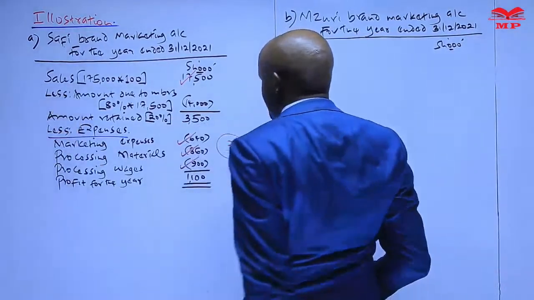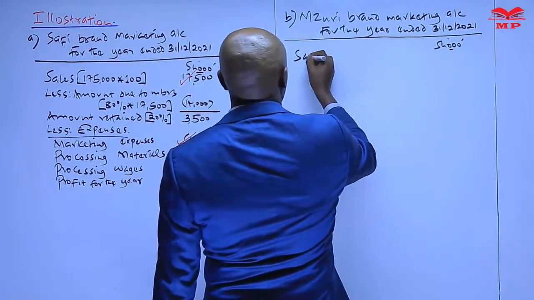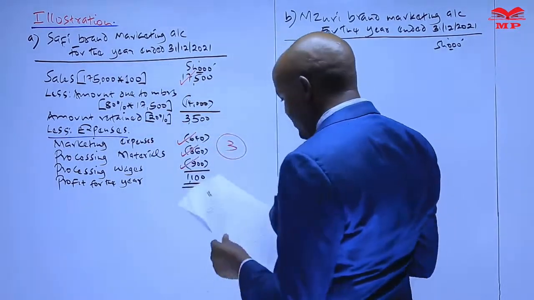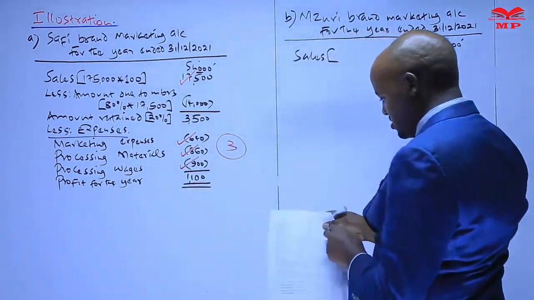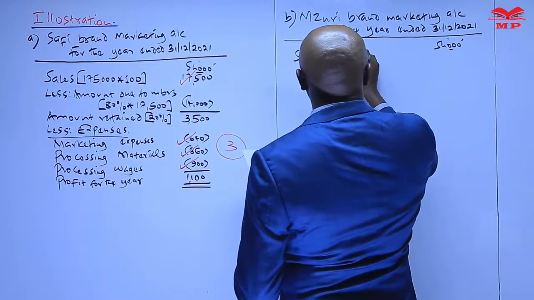And we're following the same format. We start with the sales of this particular coffee brand, and that is given in the additional information number 1, which was 115,300.